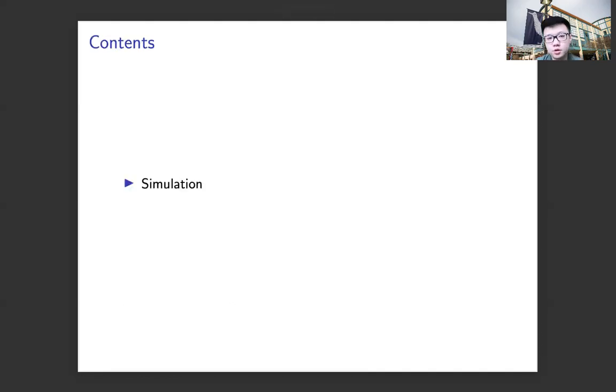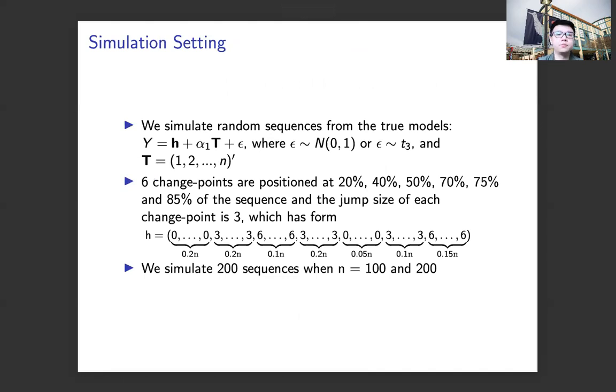So let's talk about the simulation part. In the simulation setting, we simulate random sequences from the true models. And the epsilon follows a normal distribution or a t-distribution. And 6 change points are positioned at 20%, 40%, 50%, 70%, 75%, and 85% of the sequence.